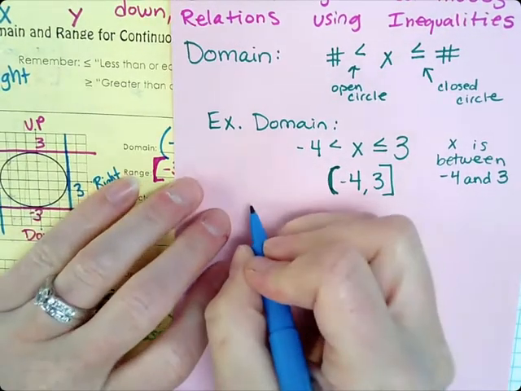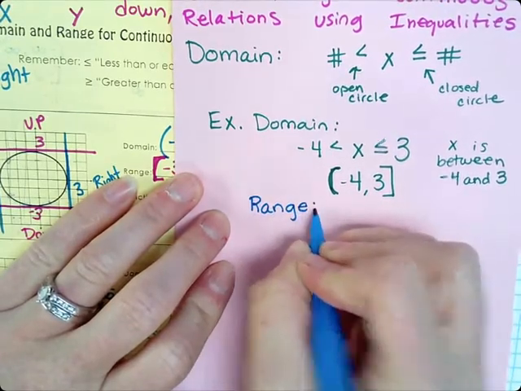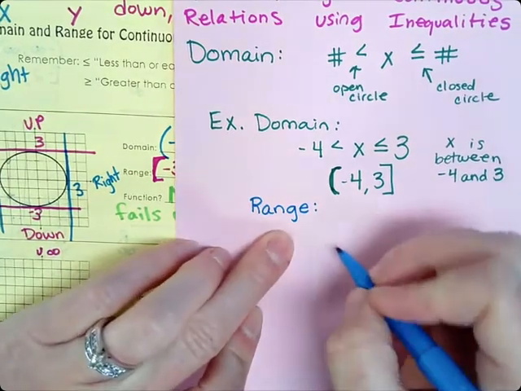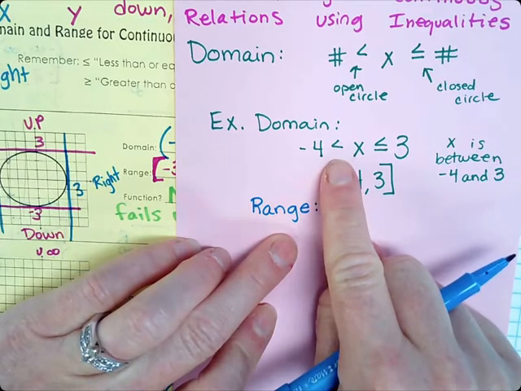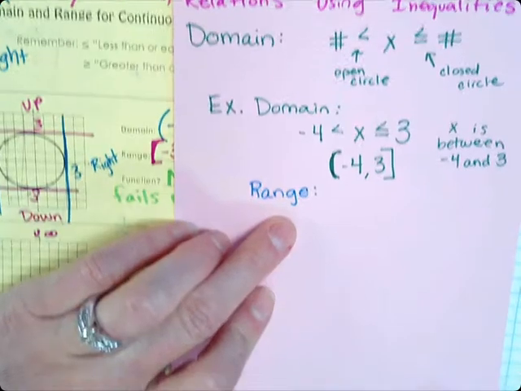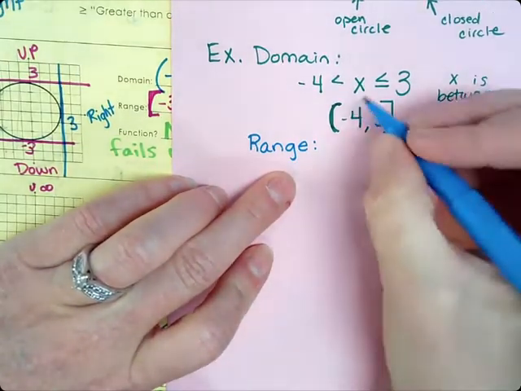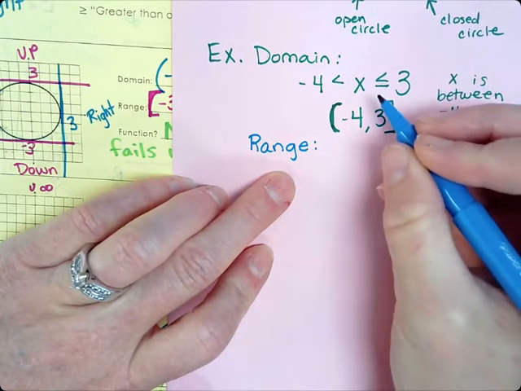So let's do the range now. With the range, we're going to do it the same way. You can have a less than or equal to. Just depends on what the situation is, what the graph looks like, if it actually touches that number or not. But what will change is the y value. The x becomes y.